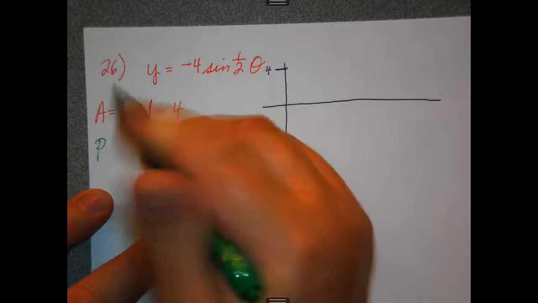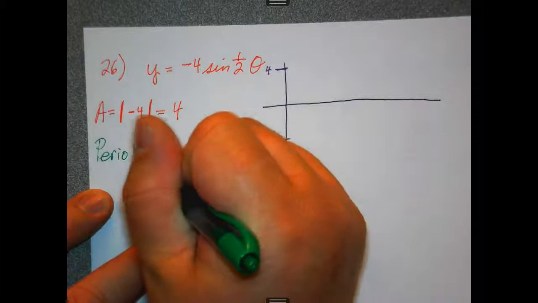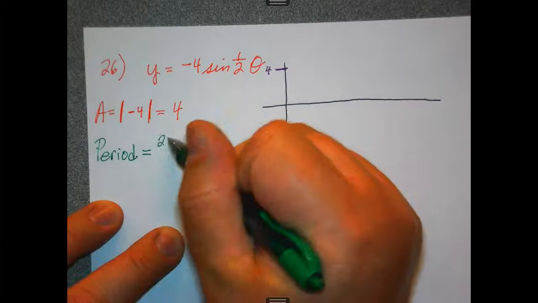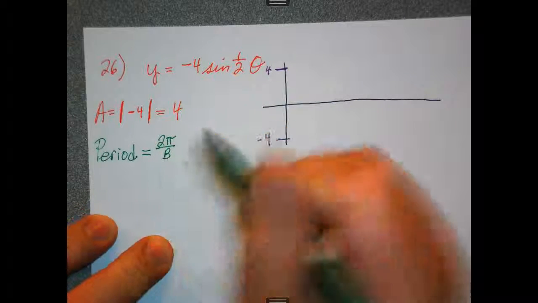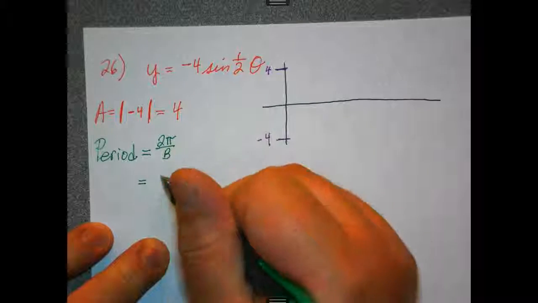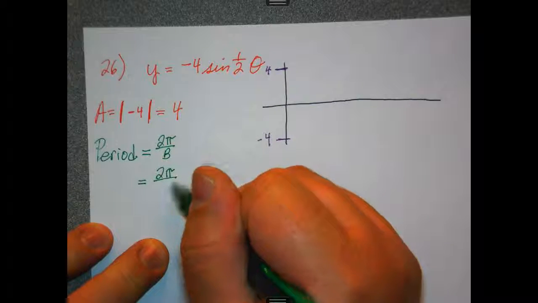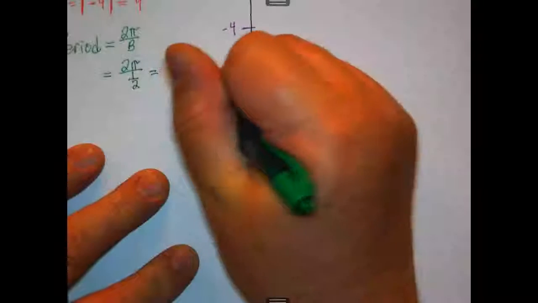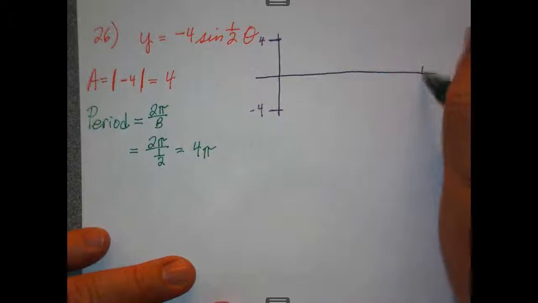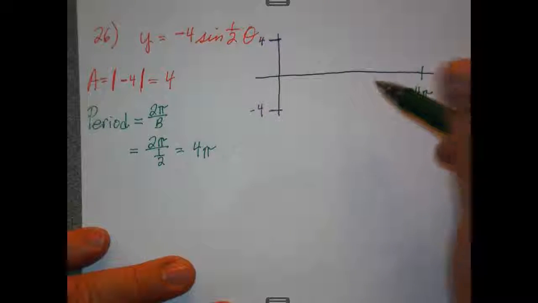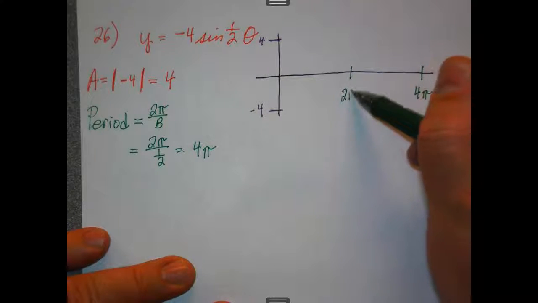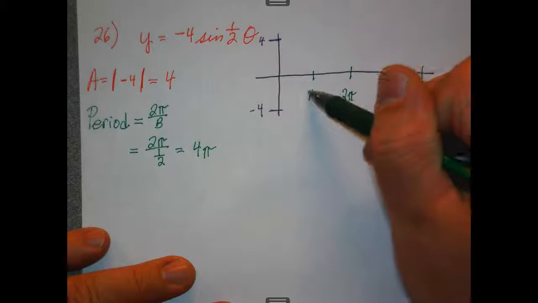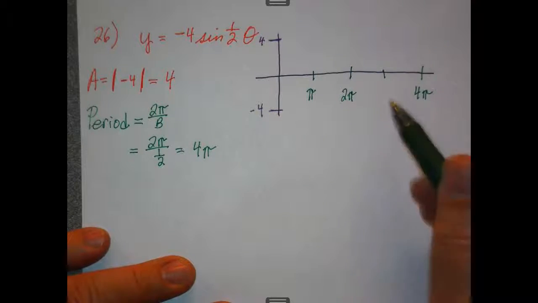Find the period, which equals 2 pi over b, which equals 2 pi over 1/2. Is it 1/2 or 1/4? 1/2. So that equals 4 pi. Okay, so my x scale here is 4 pi. What's half of 4 pi? What's half of 2 pi? 1 pi. And what do you think this one is?